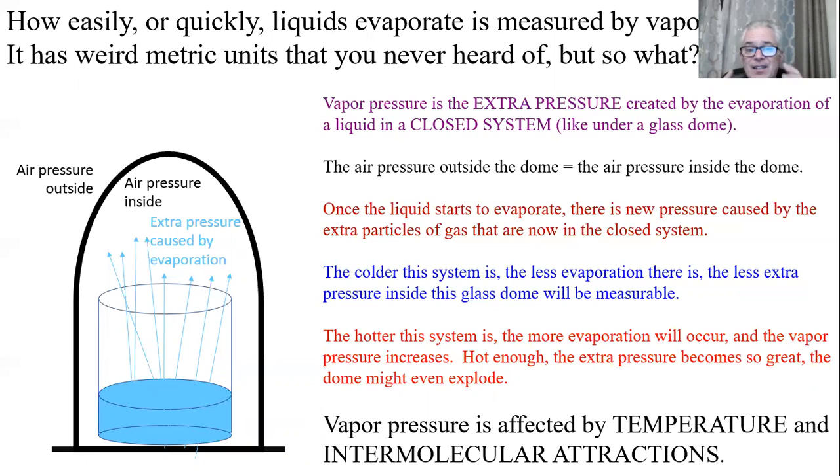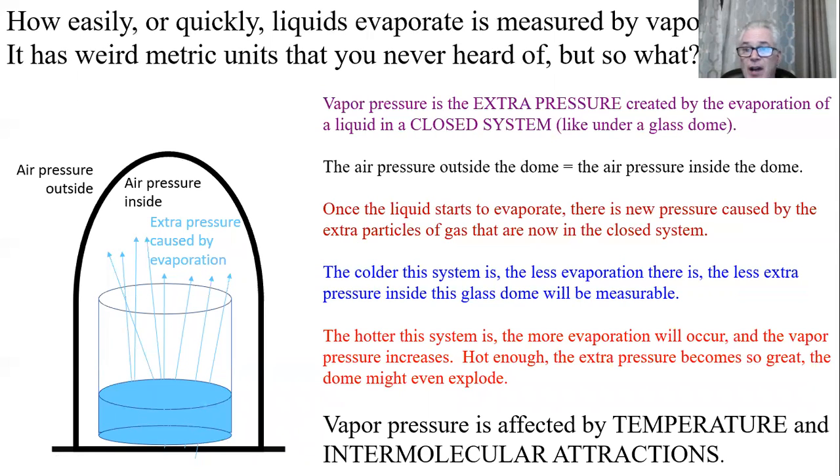But inside this closed dome, extra molecules of H2O are going to evaporate, and there's going to be more particles in that space, and they're going to have more collisions because there's already air in there colliding, creating some air pressure. Now you have extra water in there. There's going to be extra pressure inside of this closed system that's caused by the evaporation of this liquid.